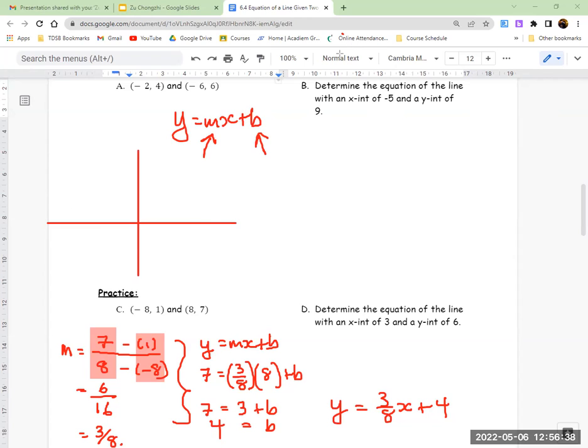Let's look at it visually before we approach it algebraically. A y-intercept of 9 is literally 1, 2, 3, 4, 5, 6, 7, 8, 9. The x-intercept, if you didn't know, is the exact same thing, but on the x-axis.